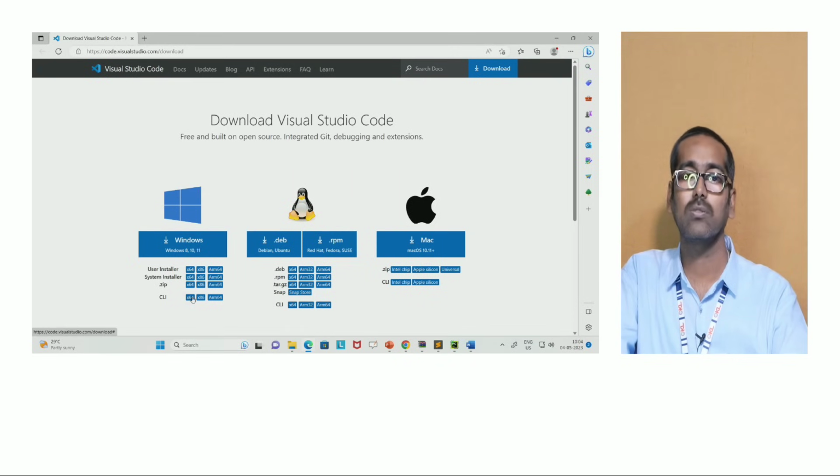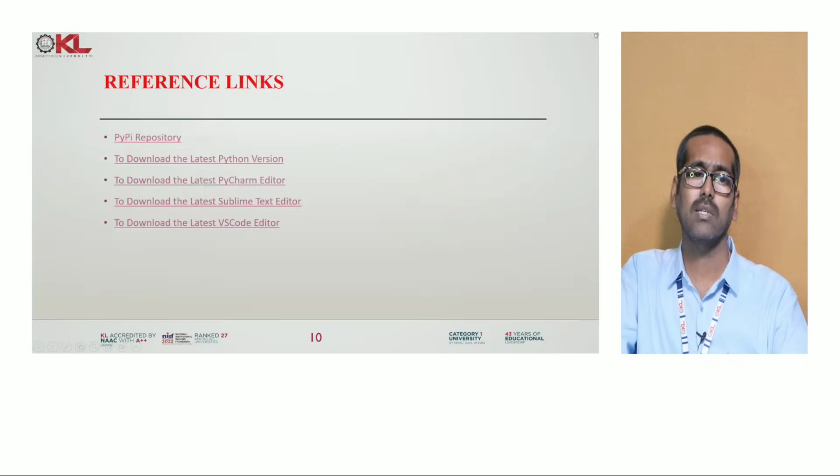VS Code is okay, Sublime is okay, and even PyCharm is okay. But in our course we will mostly focus on PyCharm Community Edition. Again, stressing the point, it is the community edition. With that, this is all about the prerequisite links required for developing our application.